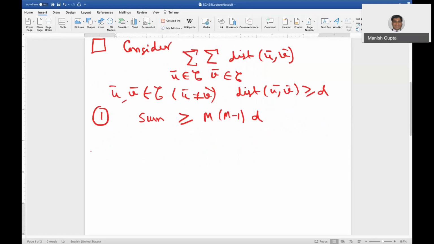Second, I write down all the code words of C as a larger matrix of size capital M cross N. Total M code words are there. And let us look at a particular column, say the ith column here.